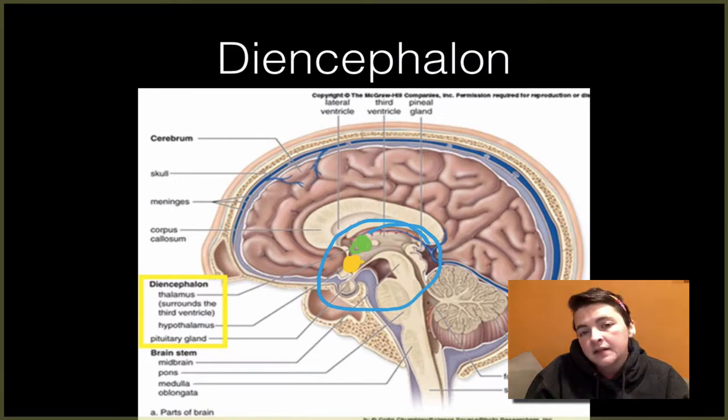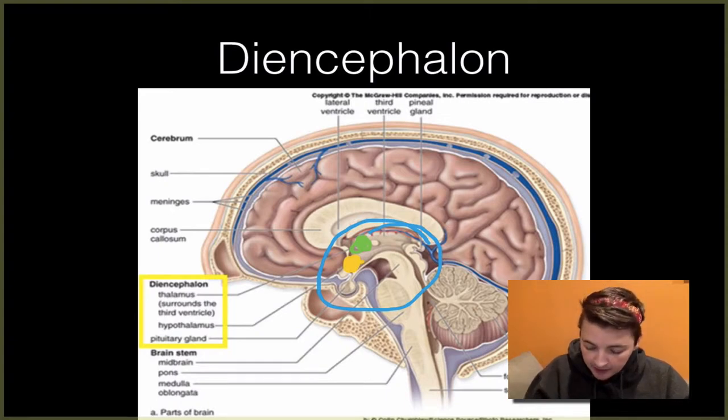The hypothalamus is the section of the brain that controls all or most of your involuntary homeostasis functions, such as controlling your blood pH, your body temperature, your heart rate, your breathing rate. That is all controlled here in the hypothalamus.